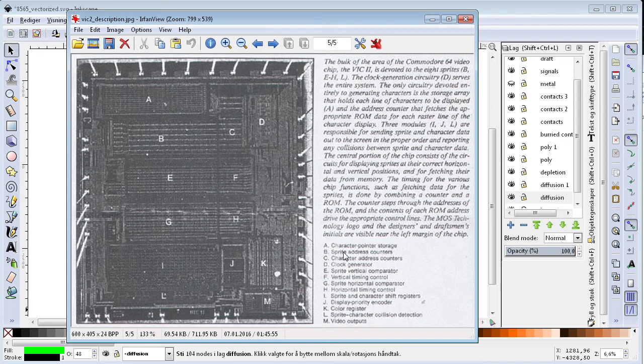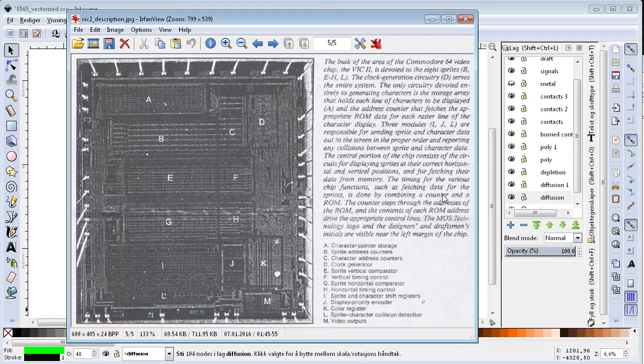Sorry, I'm rambling here, but vertical timing control, and there's some very interesting stuff. First time I read this, I just skimmed through it, but this part here is very important. The timing for the various chip functions, such as fetching data for the sprites, is done by combining a counter.